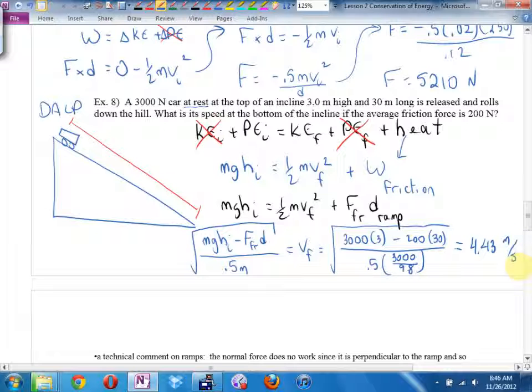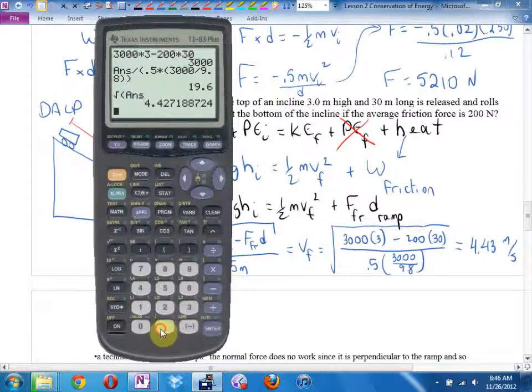I don't think this one's complicated enough, Dorothy. I don't think I'd try doing it all in one step. The nerd within me kind of wants to try. You'll notice I did the whole top line, hit enter, divided it carefully by the bottom line and then square rooted. If you're wanting an easier way, you might go like this: 0.5, the bottom, times 3,000 divided by 9.8.